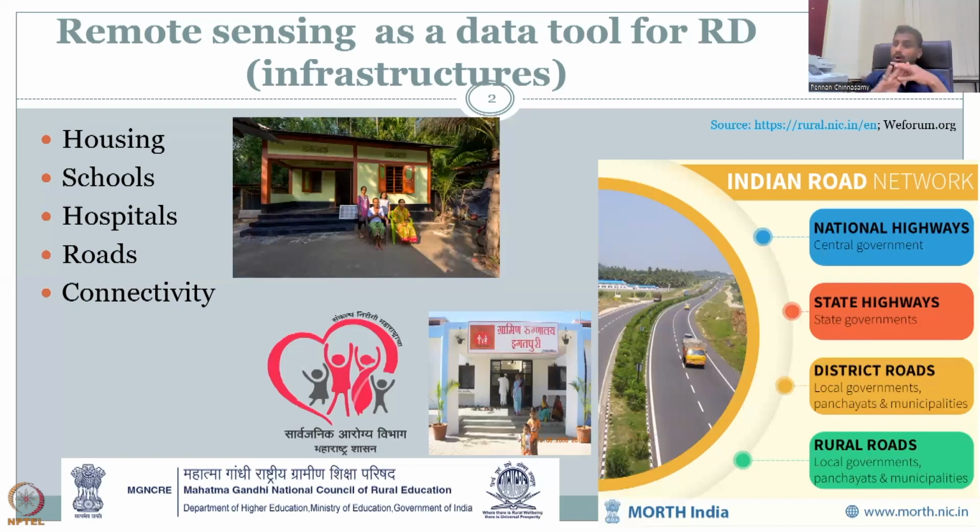Even IITs, we did all of the classes in online mode, right? Because we could not have students on campus during the peak lockdown. So exams were conducted online. So all this requires high bandwidth, or at least good quality bandwidth, which is not available in rural entities.